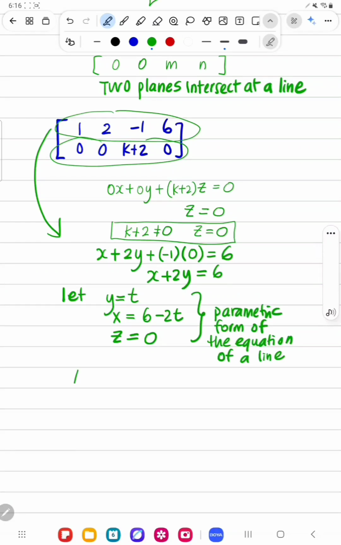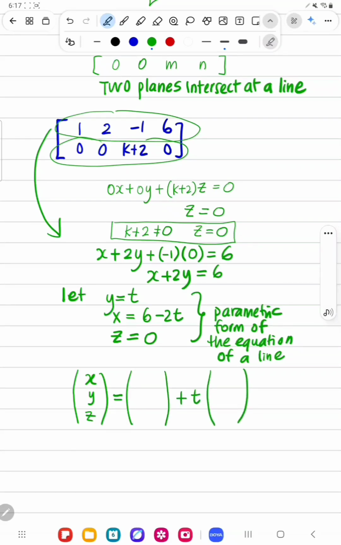It becomes xyz equal, with t. So z is always 0, y is t, and x is 6 minus 2t. You can use lambda here instead of t if you prefer.